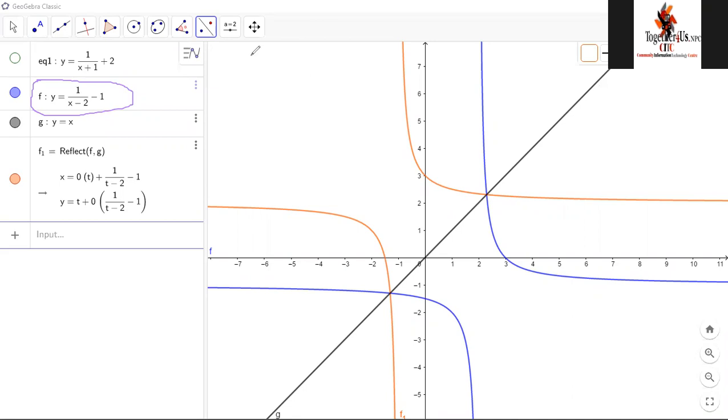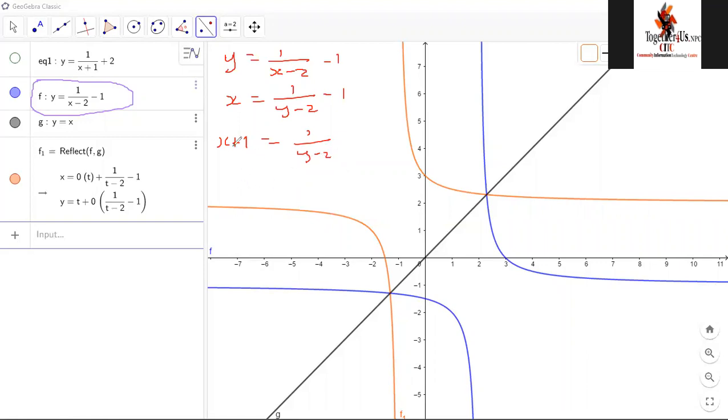Okay, so let's see. The original function is y equals 1 over x minus 2, minus 1. To find the inverse, according to that rule, we have to switch y and x. Then I'm going to have x plus 1 equals 1 over y minus 2.